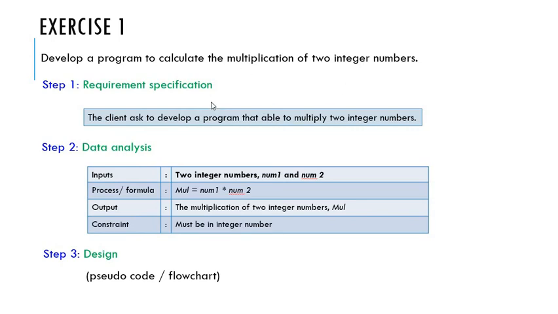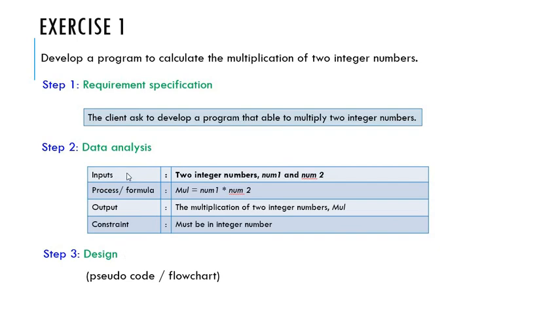So step 1 that you need to do is the requirement specification. In this case, maybe you can put here: the client asks to develop a program that is able to multiply 2 integer numbers. This sentence is what you understand from your client's requirement.